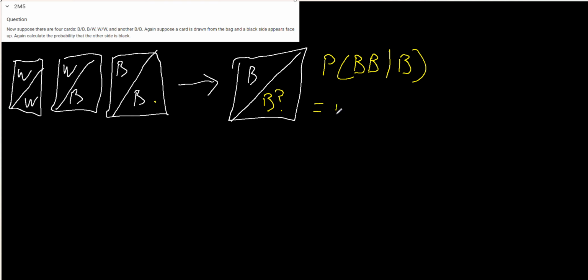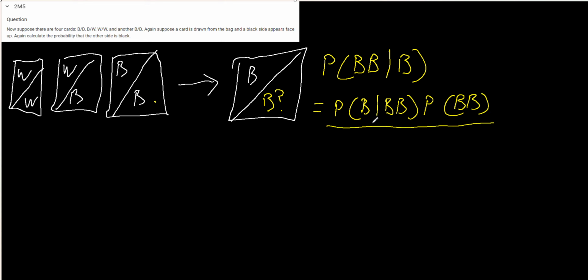And so we first would find the likelihood, which was what is the probability that the side that was facing up was black, given the hypothesis that the card we drew was black, black, times the prior probability of drawing the black, black card. And then all of that divided by the marginal probability, which is the probability of having a card that was face up having black.